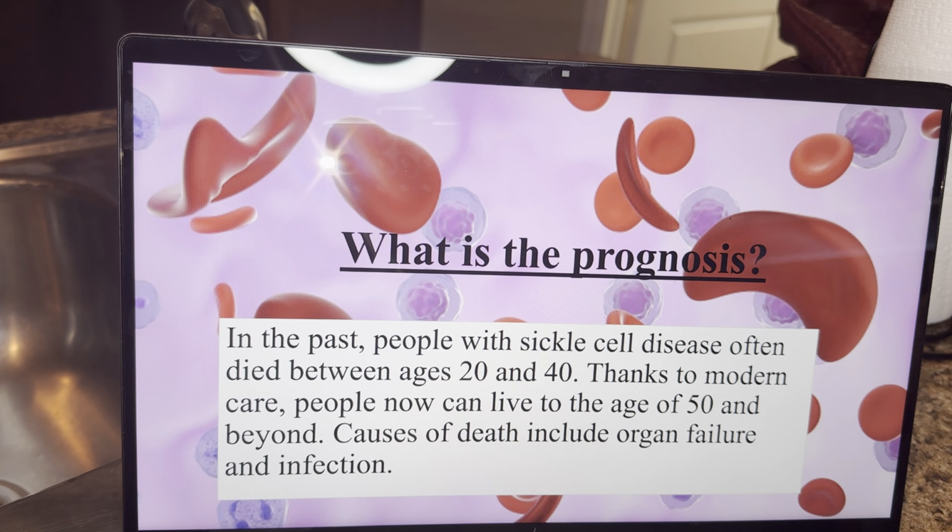But now, thanks to modern medicine and care, people are actually able to live to the age of 50 and beyond. Sickle cell disease is way more manageable now than it was before. And the reason why people would pass away from sickle cell disease was because of organ failure and infection.